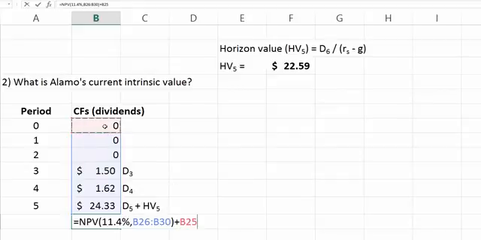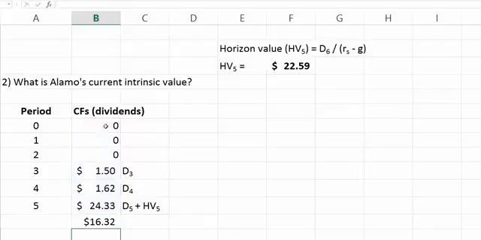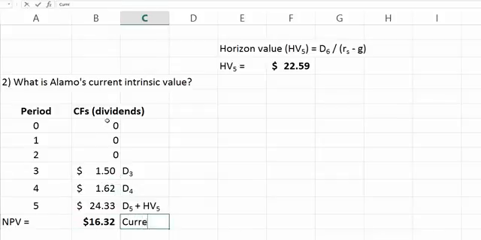And then if any, we have to add cash flow zero. In this case, it doesn't make a difference, but if you want to keep the formula handy for future work and it may have some dividends today or something, you can use it. So based on this, that's the net present value of our uneven set of cash flows. And in this case, this would be the current intrinsic value for this company.